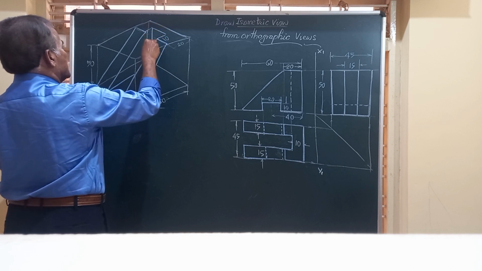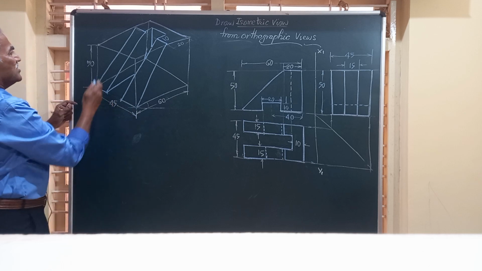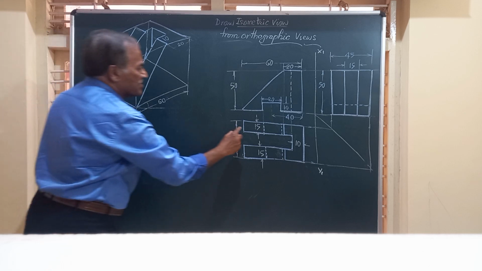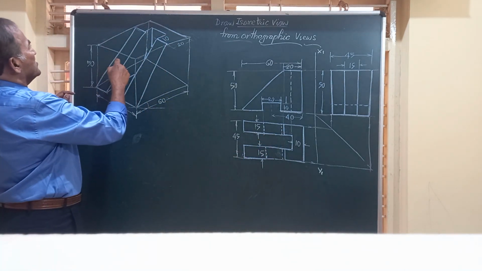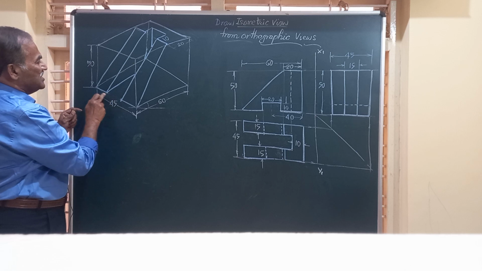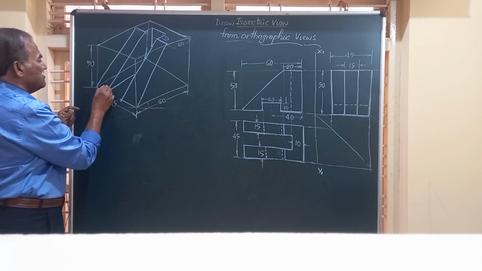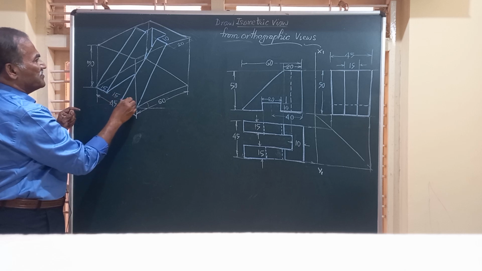Maybe something like this you get. So there is a slot cut here, and this is one sloping surface which is of width 15 and the total width is equal to 60, this dimension, and this is open in the center, and all these dimensions measure 15, 15 and 15.